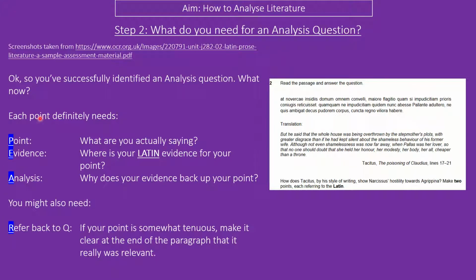If your point's a little bit tenuous, at the end of this you can put a bit of a link or refer back to the question and make sure it makes sense. In other words, this looks like quite a few other subjects, your PEE or PEEL essay paragraphs. Please make sure, by the way, that they are paragraphs. It's much easier for the examiners to mark if they are distinct paragraphs.